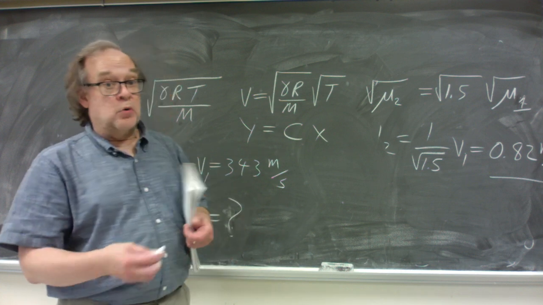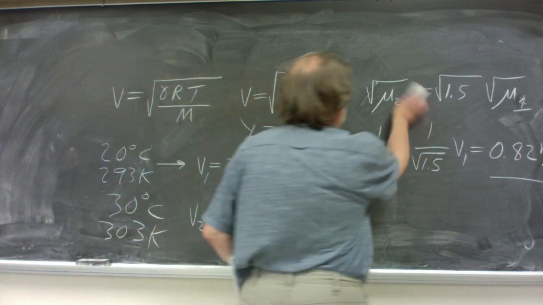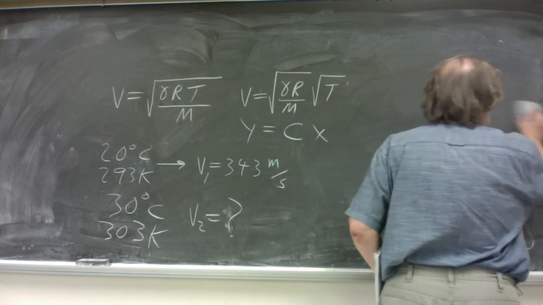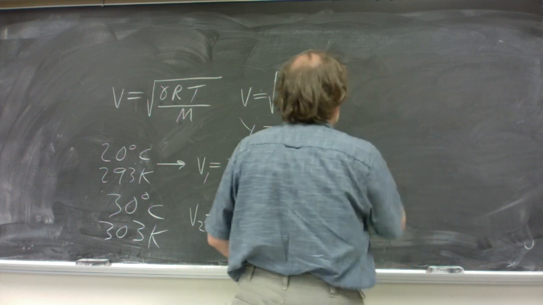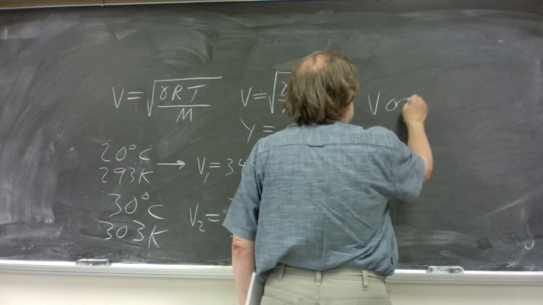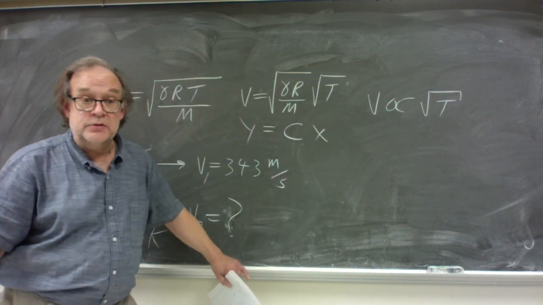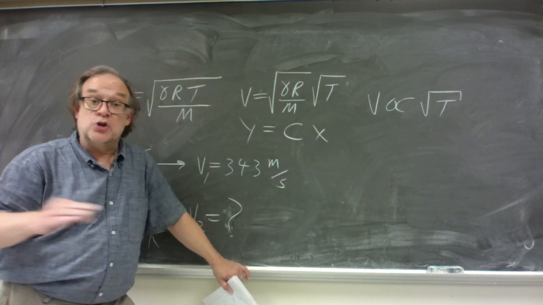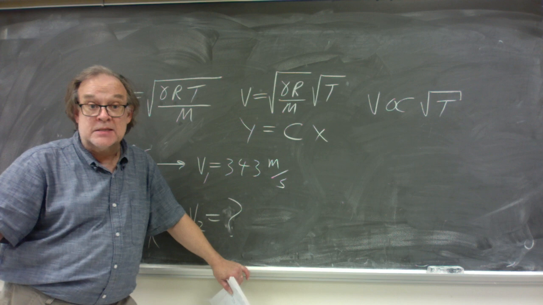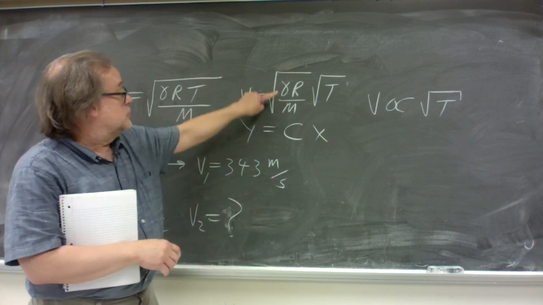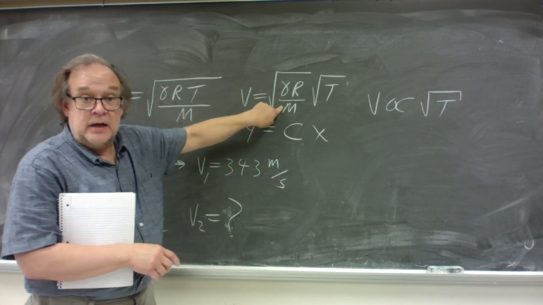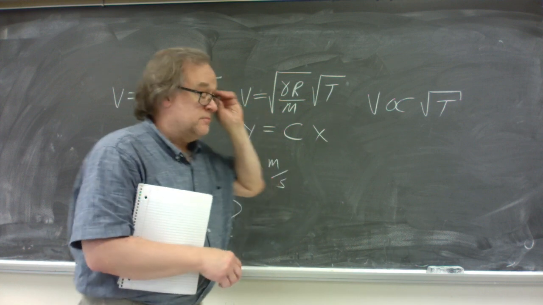So our proportionality that will help us is wave speed is directly proportional to square root of temperature, as long as it's always the same type of gas. Same type of gas ensures that that factor and that factor will always stay the same.